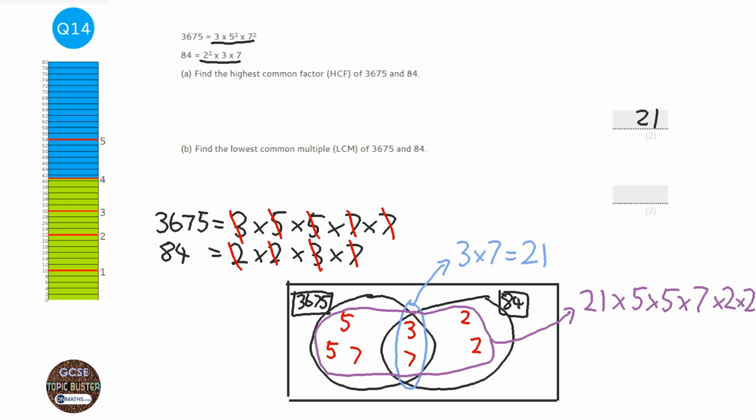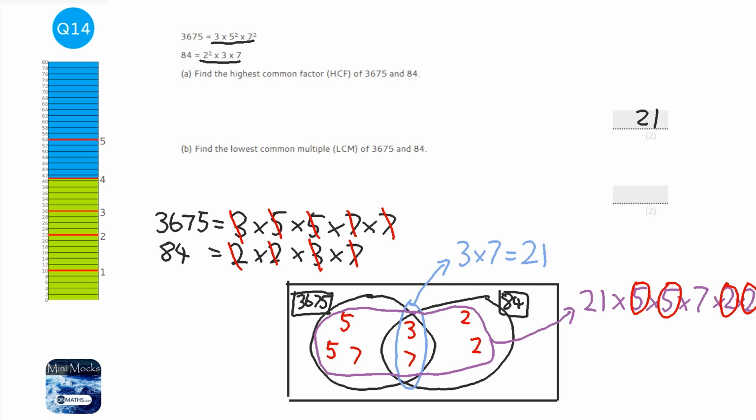Now on the non-calculator paper, it might be a bit more generous with the numbers. This one is probably going to be more on the calculator paper, although there are ways that you can do this. For instance, I could pair the 5s and the 2s up, and that would make 10. The 5 and the 2 there would make another 10, so we've got 100.